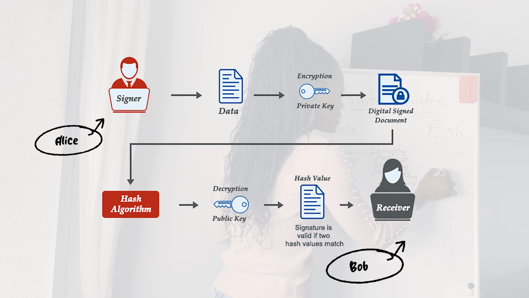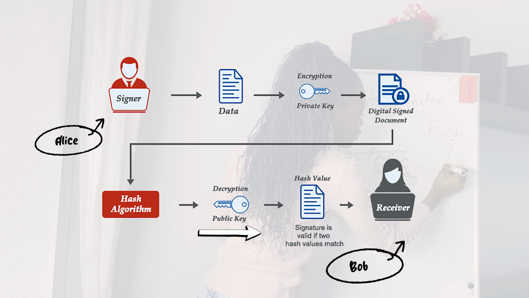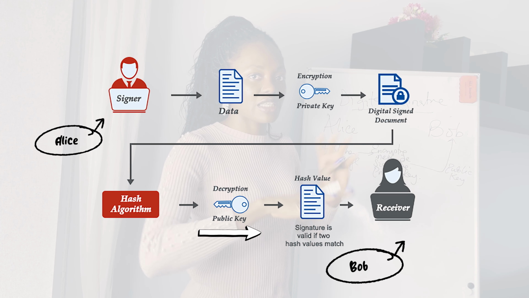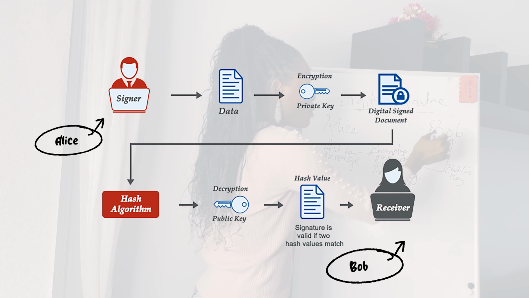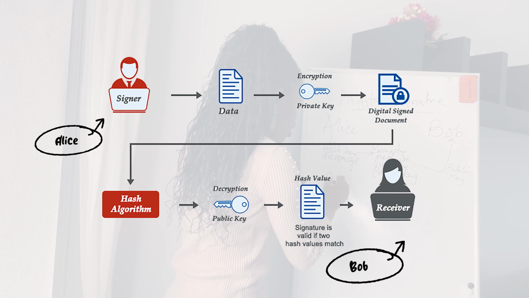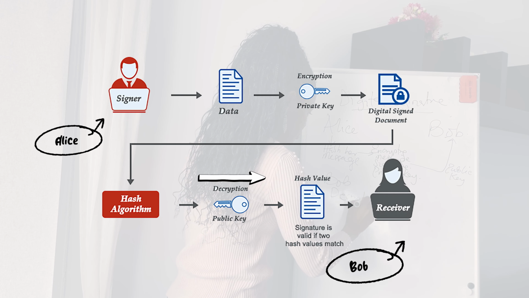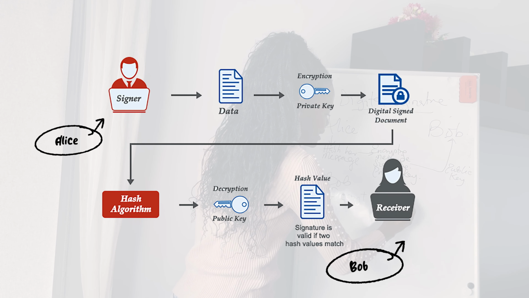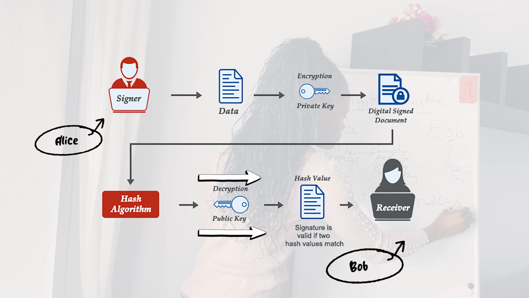Now she'll send the message to Bob. As she's sending the message to Bob, she's sending it alongside her public key. You remember that public key, anybody can see it. It can be published. Now when it gets to Bob, Bob will be trying to decrypt this message with Alice's public key, right?